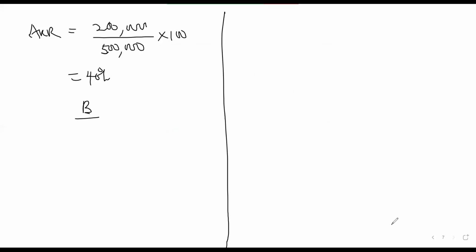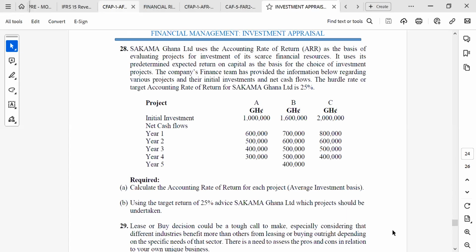Okay, let's look at B. The accounting rate of return can be calculated as, someone can also find this one straightforward without wasting time. Since we know how to do the first one, we can do the second one. So we have 700 plus 600 plus 500 plus 500 plus 400. So the total profit before depreciation is 2.7 million.